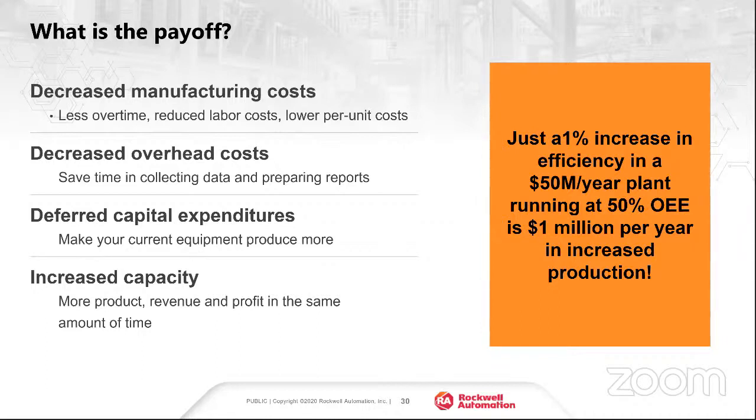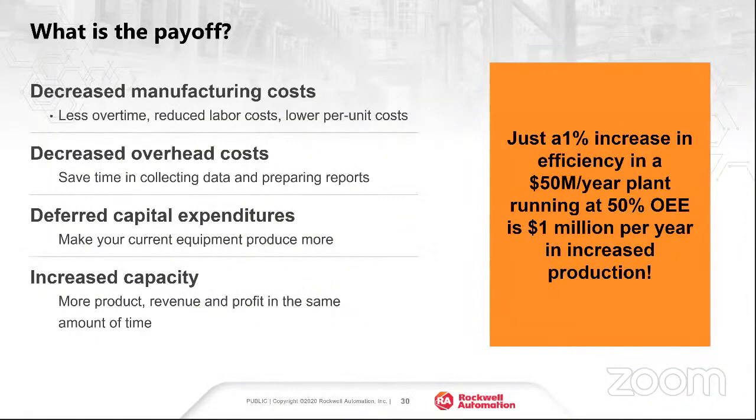So think about the impact, right? For a facility that is supplying parts and generating $50 million revenue per year, if they improve their efficiency on OEE by 1%, they can improve their revenue by $1 million.